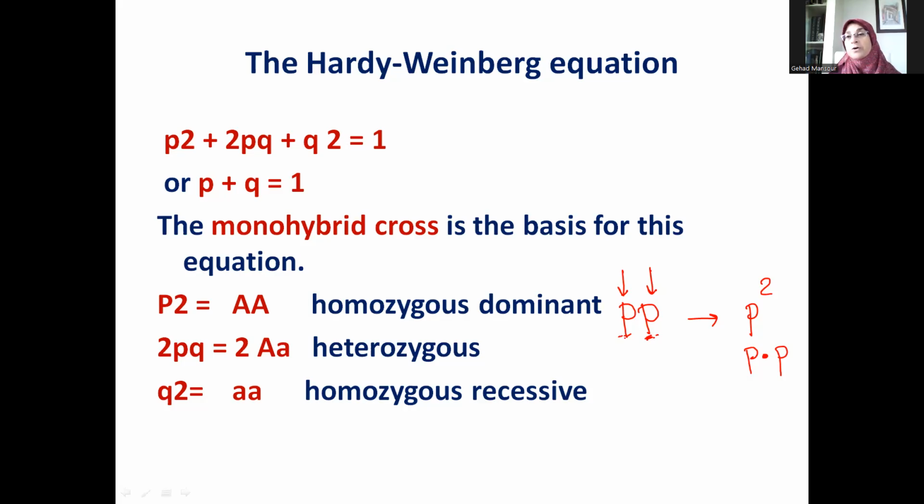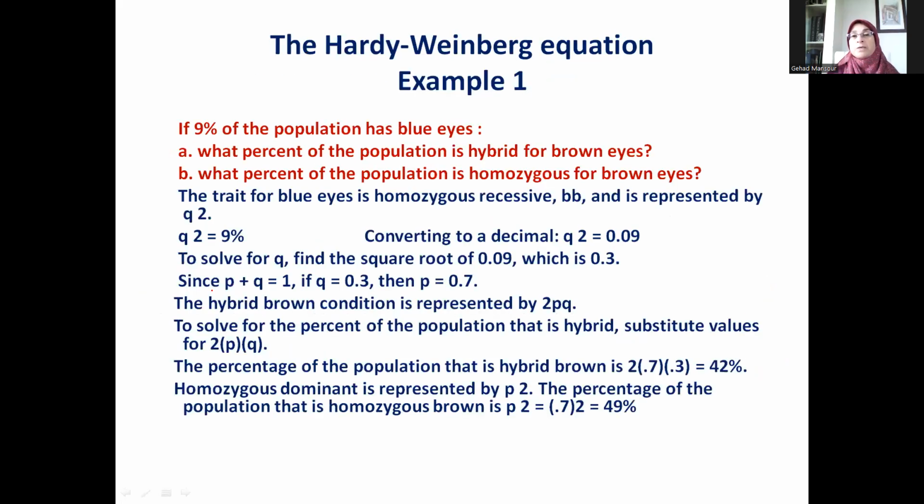And since both are independent and non-linked, then the probability of having them together is the multiplication rule, or P multiplied by P. This is not important. Nobody will ask you about the proof, but this is why we write it in the form of p squared. Maybe when we see the example, you will be more acquainted, or you would assimilate more what I said.